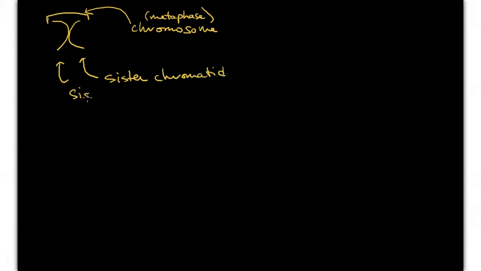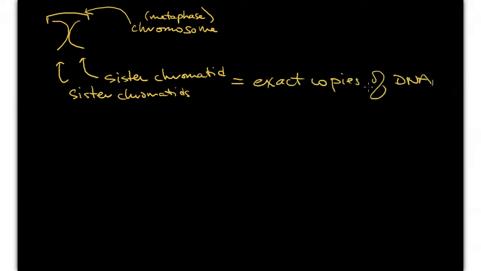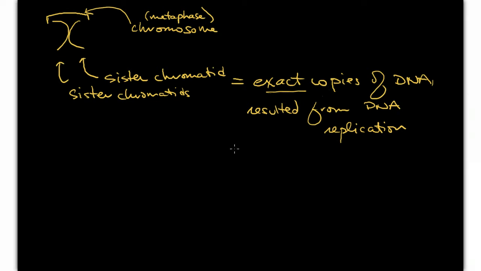And the way that we need to know about sister chromatids is that they are exact copies of DNA, and that they resulted from DNA replication, which should get in your mind helicase and DNA polymerase. They're exact copies unless a mutation occurred.